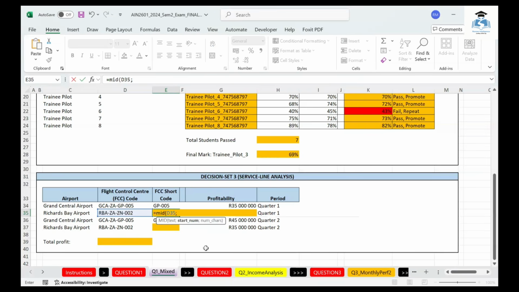Where are we starting from? So 1, 2, 3, 4, 5, 6, 7, 8, 9. I think it's 8. Then number of characters 1, 2, 3, 4, 5, 6. 6.